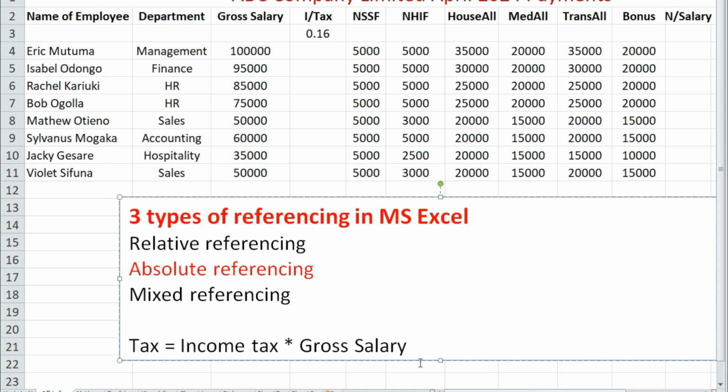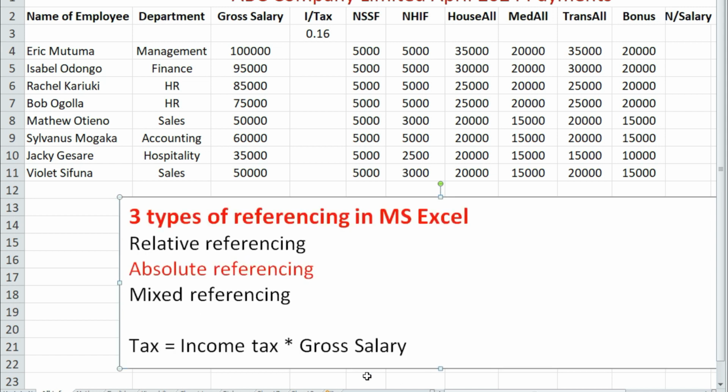Income tax percent, this one here, 16%, times the gross salary. That's the income tax that they pay. So this is constant.